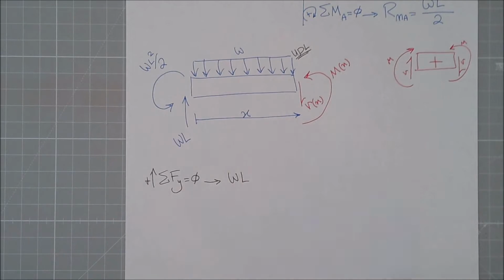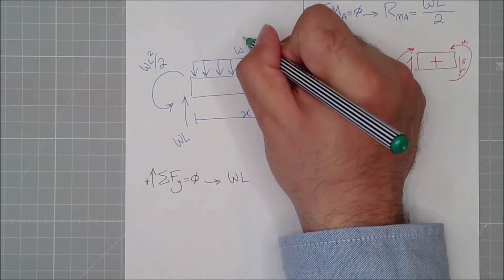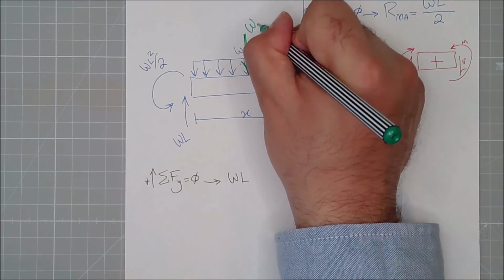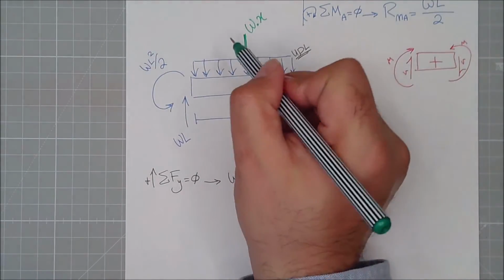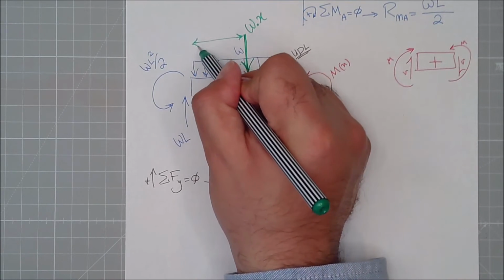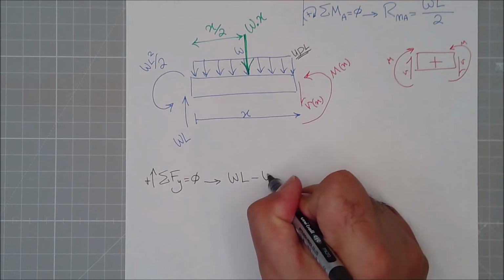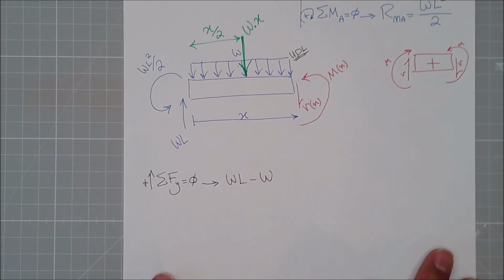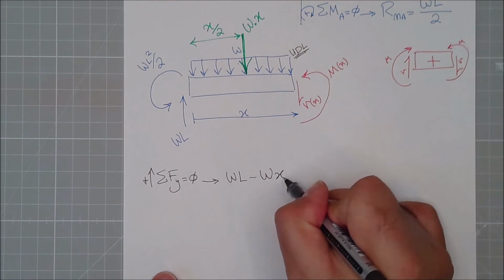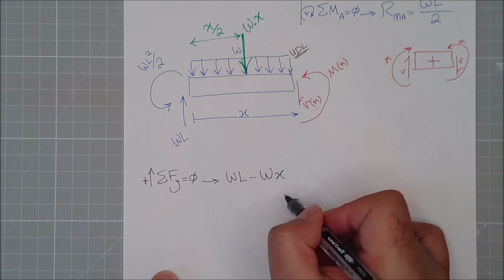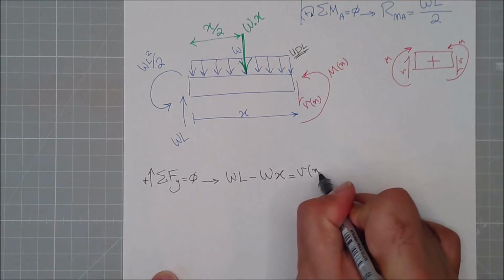I have to replace it with an equivalent concentrated load, which will be Wx. Where is it applied? In the middle of the length. And it's coming downward, so it will be negative in my summation of forces in the y direction. All of these, negative Vx, I'll take to the other side, will be equal to the shear force.